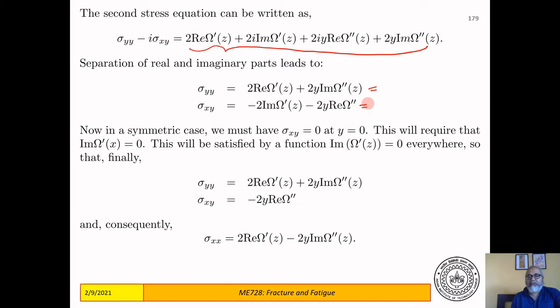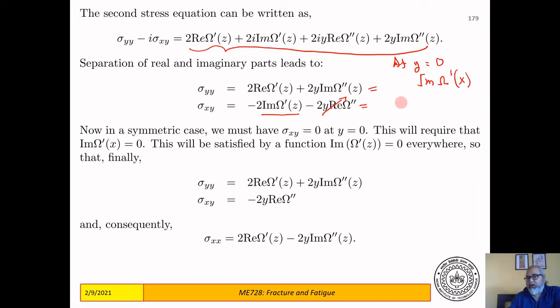So it becomes this. Also, we know that sigma xy for the symmetric case has to be 0 at y equal to 0. So at y equal to 0, this is 0 anyway. So this quantity has to be 0. This quantity on y equal to 0 is actually imaginary omega prime x at y equal to 0.